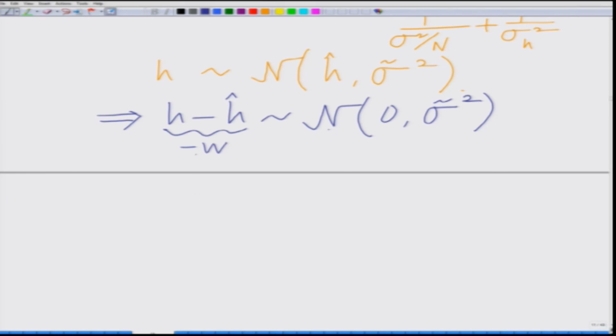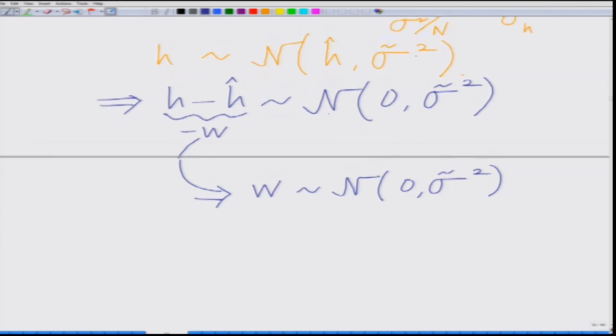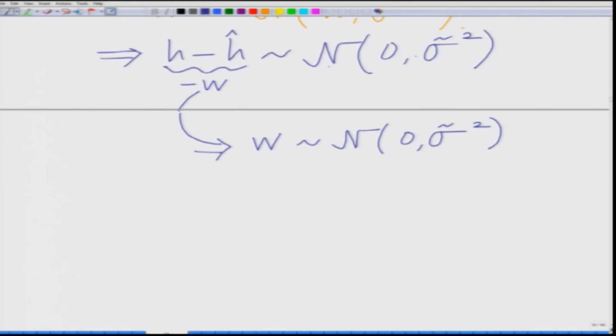That also implies that W is also Gaussian with mean 0, variance sigma tilde square, correct.